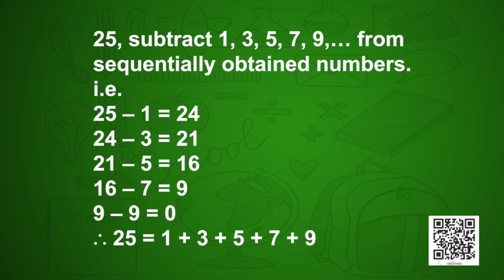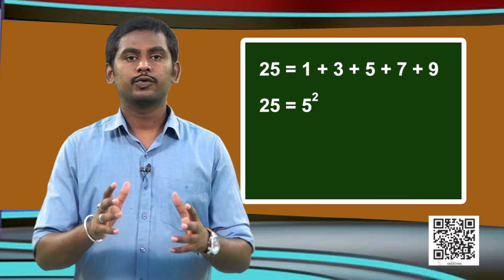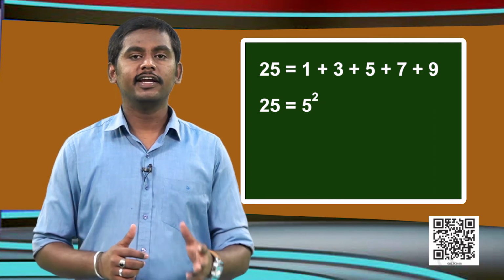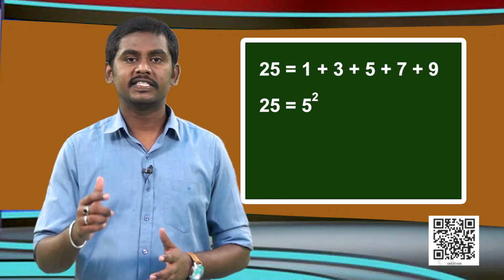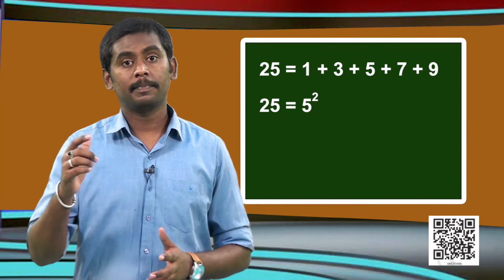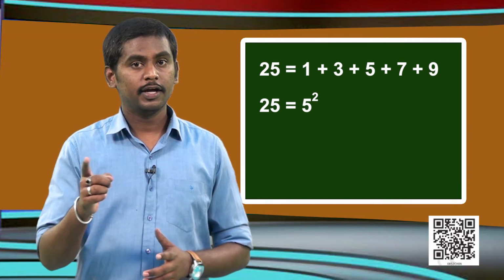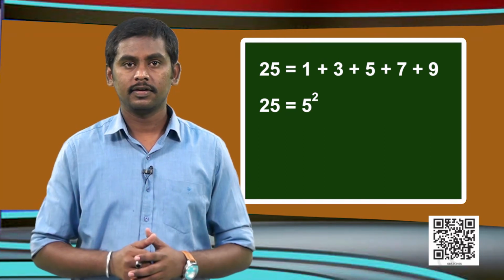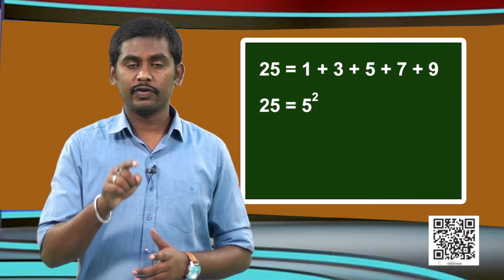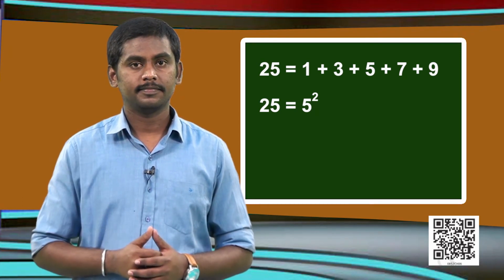So, this means that 25 can be expressed as a sum of consecutive odd numbers starting with 1. So, therefore, by our property we can say that 25 is a perfect square. Students, we saw that we can write 25 as 1 plus 3 plus 5 plus 7 plus 9. See here, you can see that there are 5 numbers. So, therefore, we can write this 25 as 5 square.